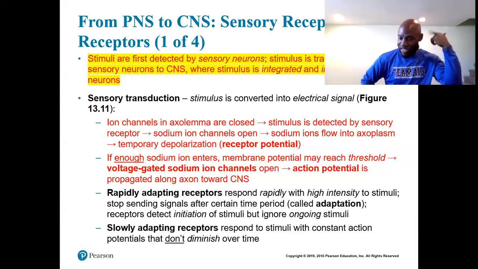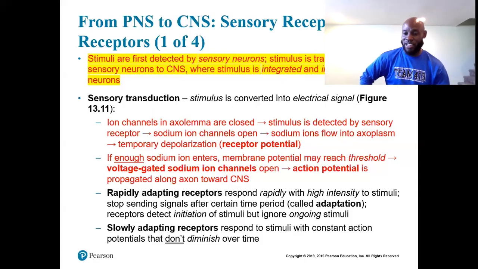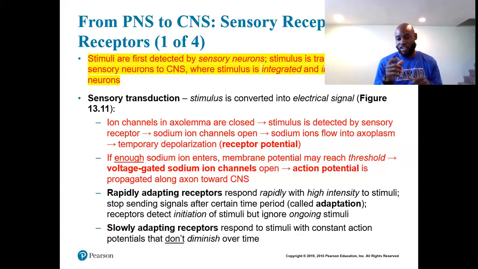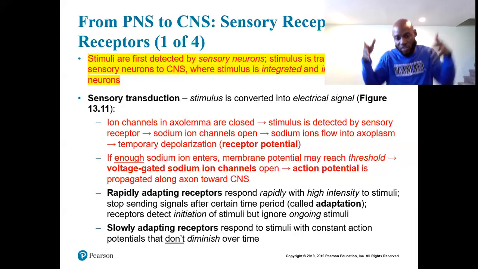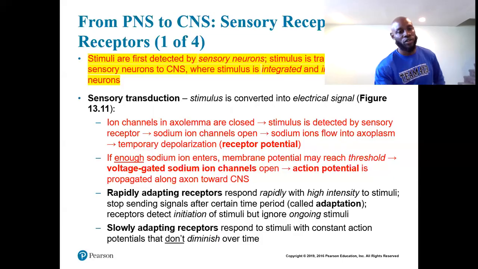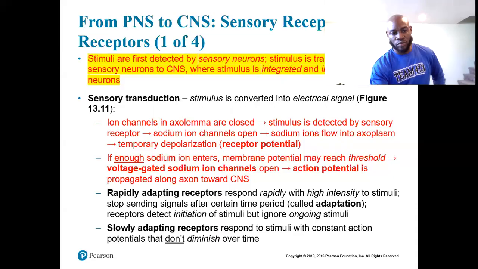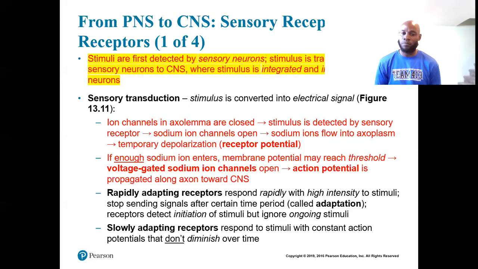The stimulus is integrated by your interneurons, neurons that don't do sensory or motor. So all the other neurons are your interneurons, interpreted by your CNS. And then, in the next section, the signal is sent back down to do the motor.